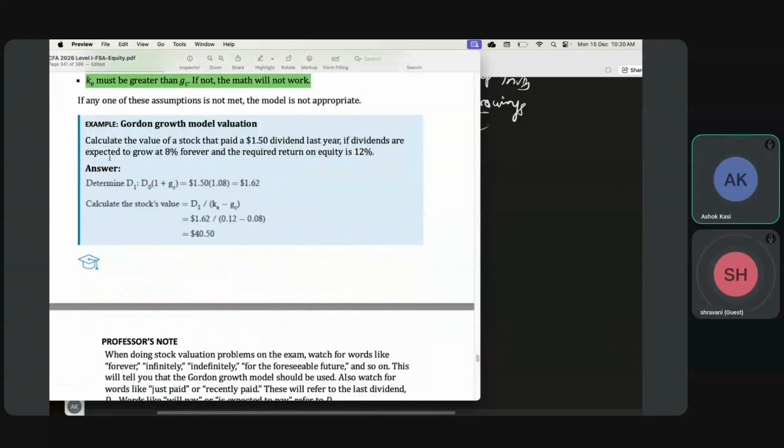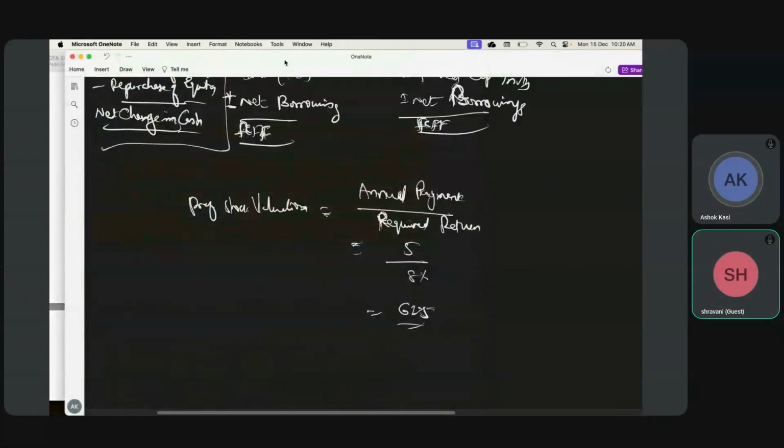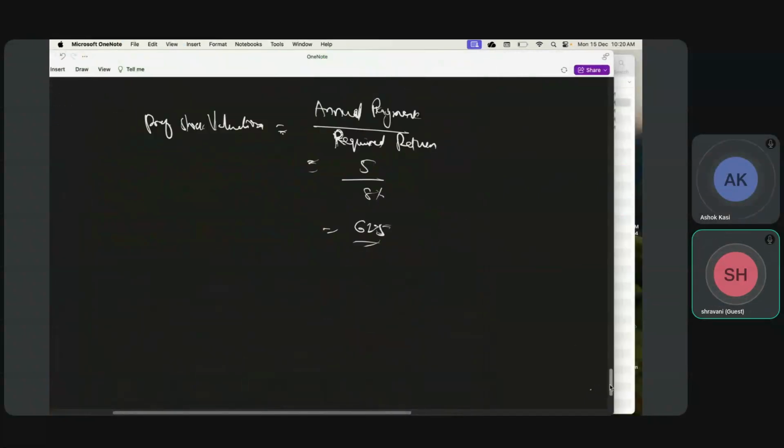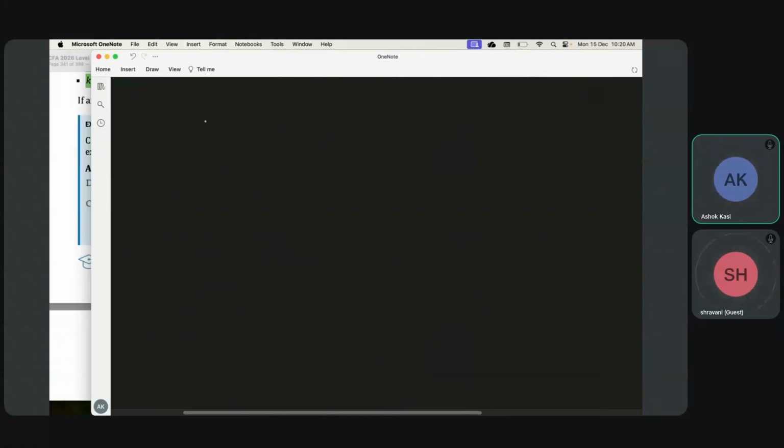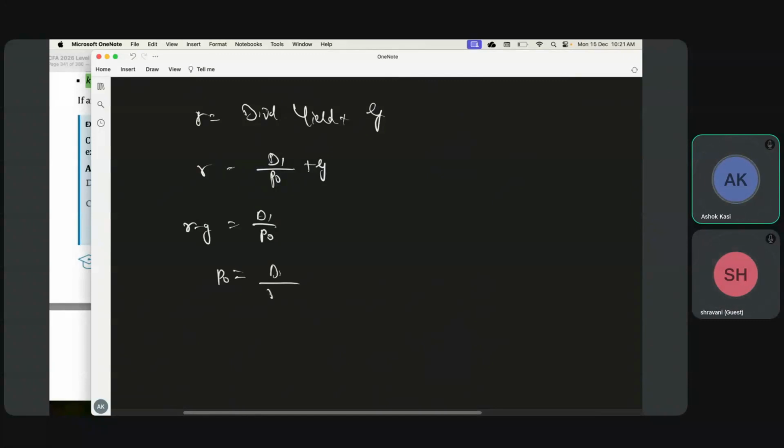So here, the formula is what? It is like this: required return is equal to dividend yield. I'm just deriving now. Dividend yield plus growth. So dividend yield is D1 by P0 plus G. So based on this, I can say R minus G is equal to D1 by P0. So now P0 is equal to D1 by R minus G. This is Gordon growth model formula.